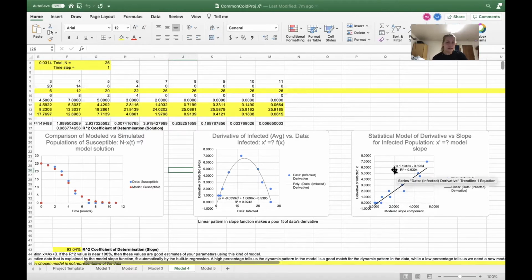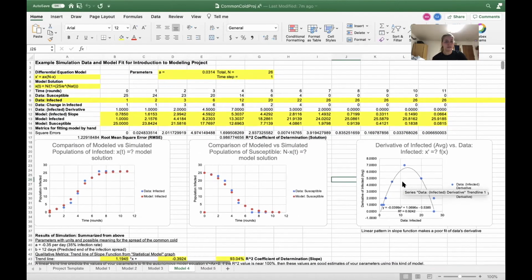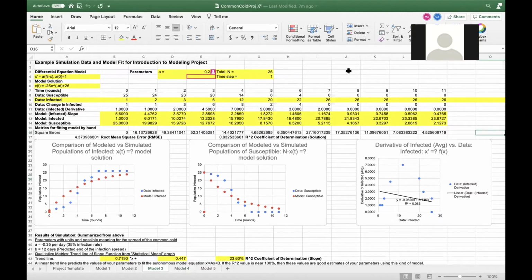But it's not, obviously our model's not perfect, but it's pretty accurate because the coefficient on x is relatively close to 1 and the y-intercept is relatively close to 0, which means that our model is pretty accurate in modeling the slope.